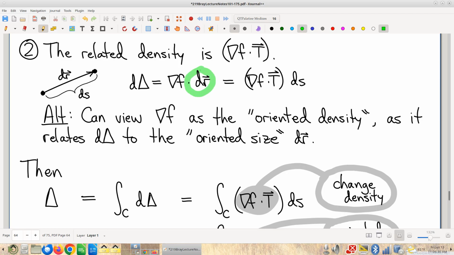I'm going to rewrite dr as T ds. We've pulled that little fast one multiple times in the past. And doing so, now, very conveniently, output change and size are related by this factor.